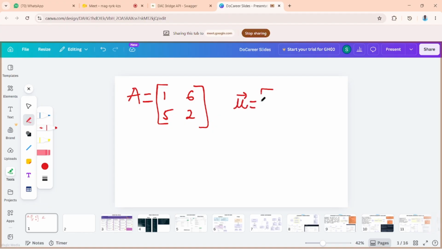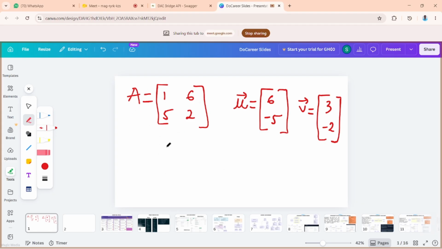We are going to write it this way because we are going to use it with the matrix. In the textbook, u and v are actually bold. So v is 3, -2. We know that vectors are written vertically, while matrices are rectangular or square.